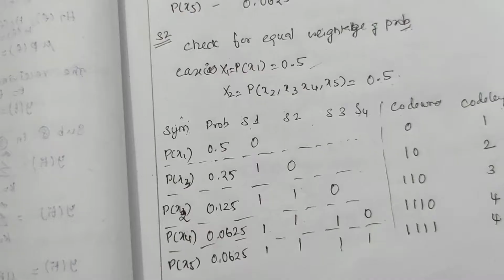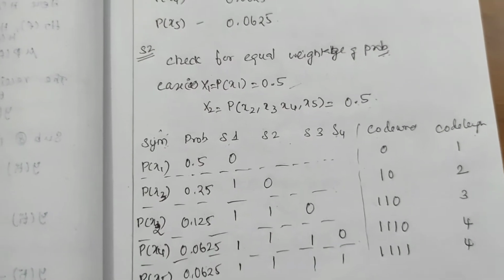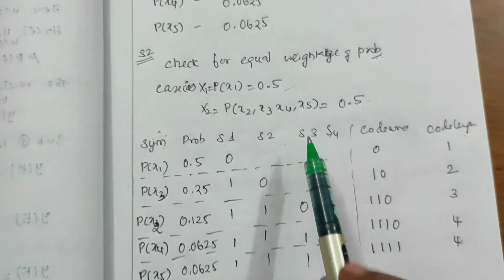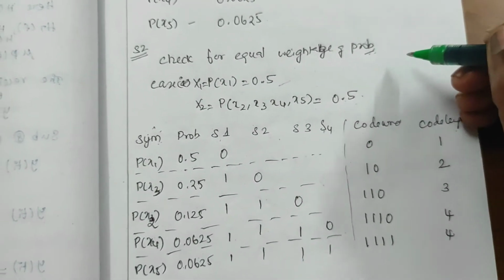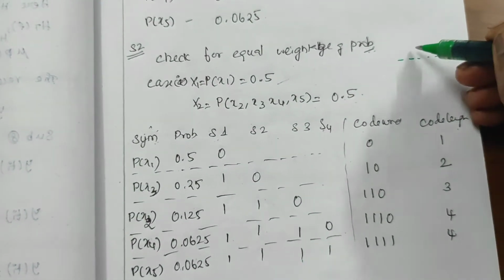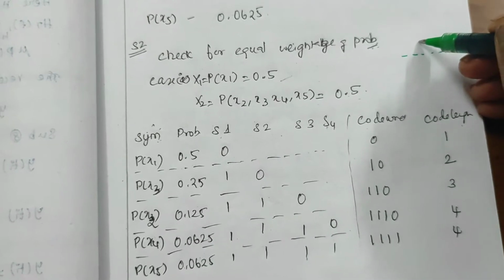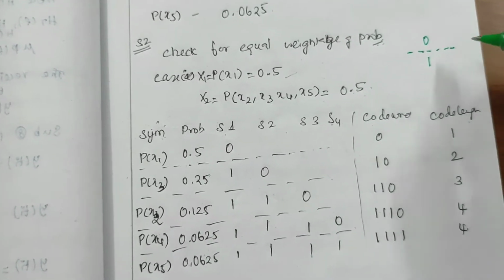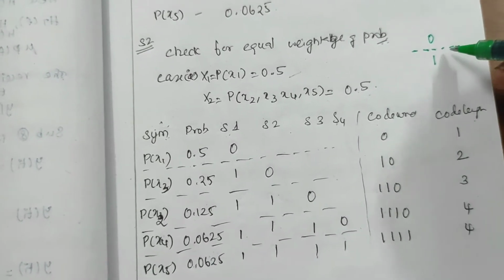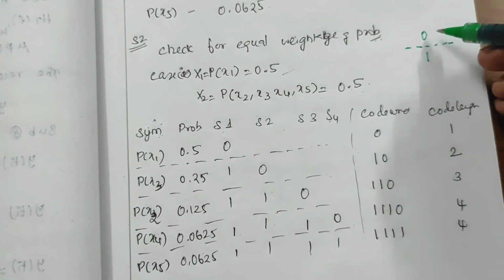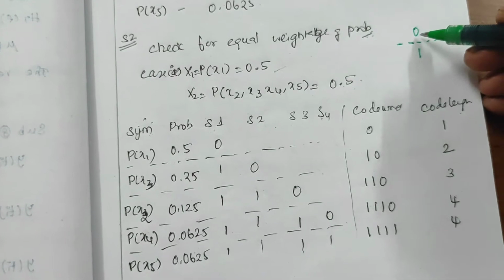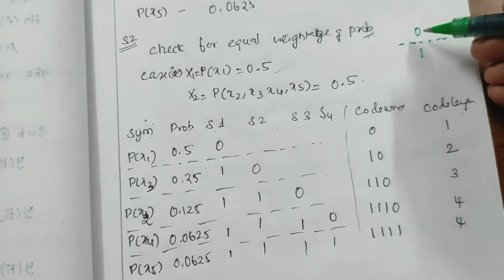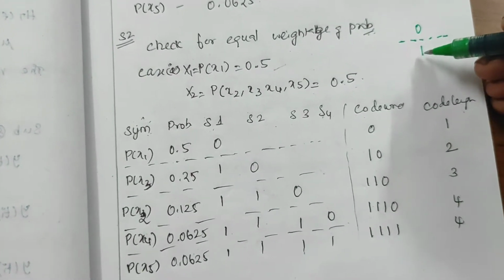So the ideology behind this Shannon-Fano coding is dividing the probabilities into equal weightage and assuming the weightage as 0 and 1. So when dividing the probability into halves of equal weightage, finally allocate the binary bits, 0 in the topmost and 1 in the bottom.